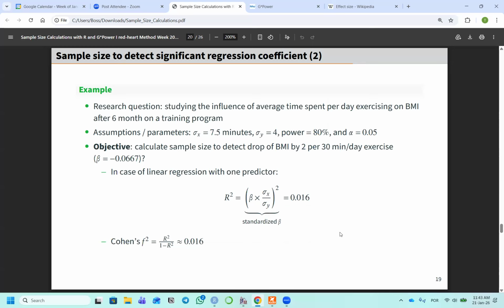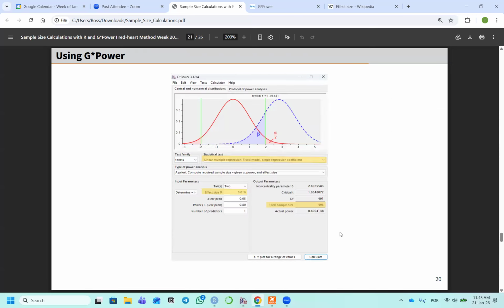My example is on the influence of someone doing a sport to reduce BMI. I may need around 493 customers to find an effect of a reduction of minus 0.0667.